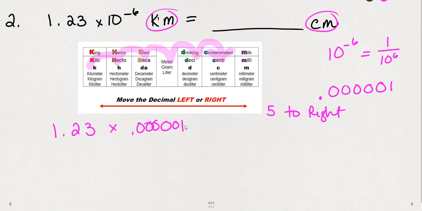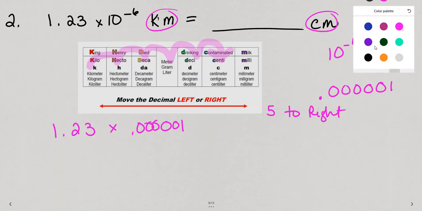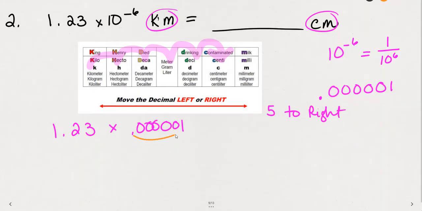There's a number of ways I could do this. One way I could do this is I take this decimal and go 5 to the right, which would put us right here. So then I'd have 1.23 times 1/10. So that would mean moving that decimal one more time.